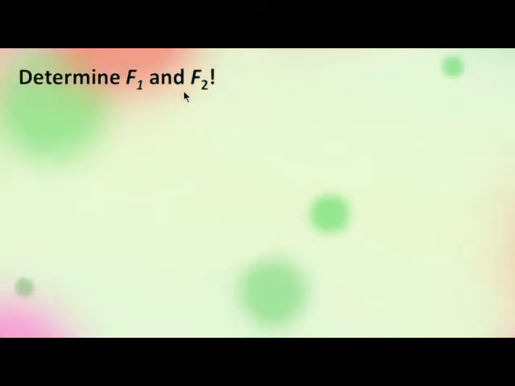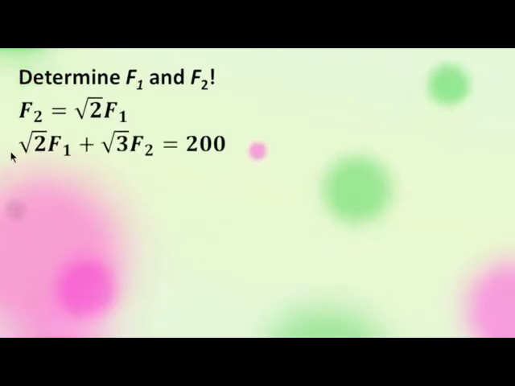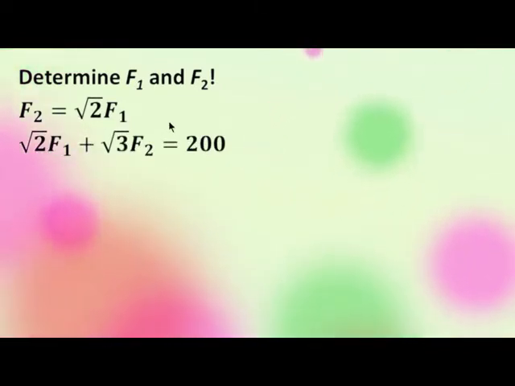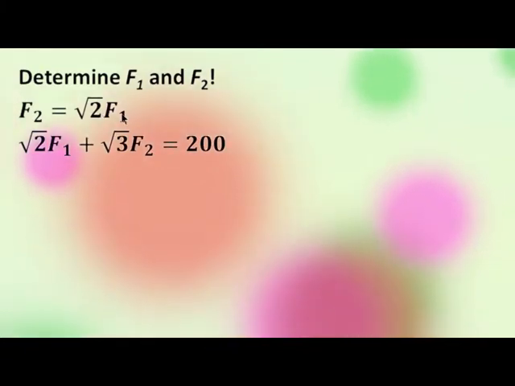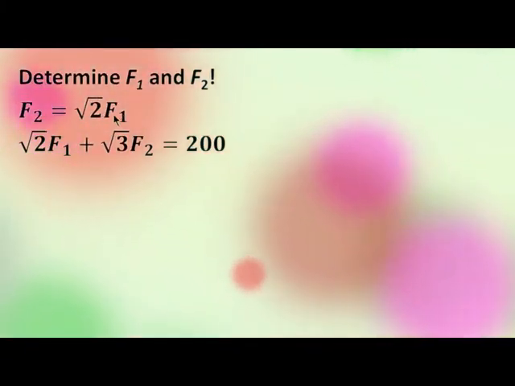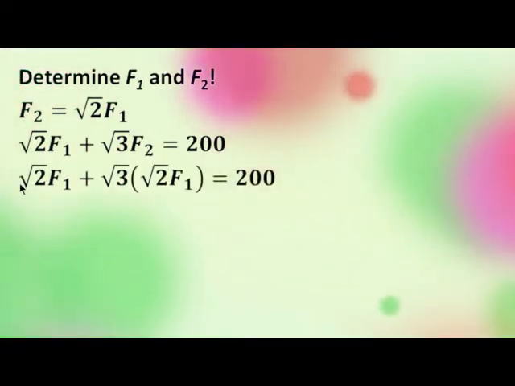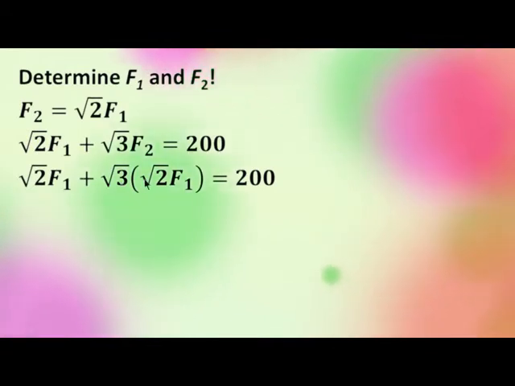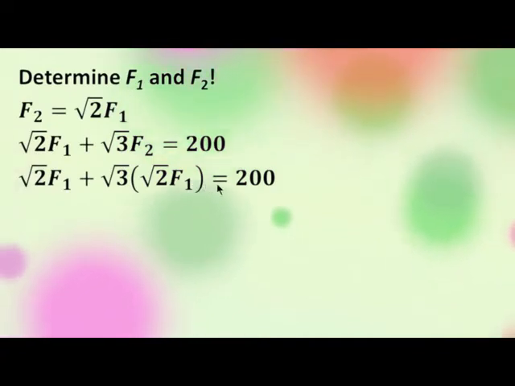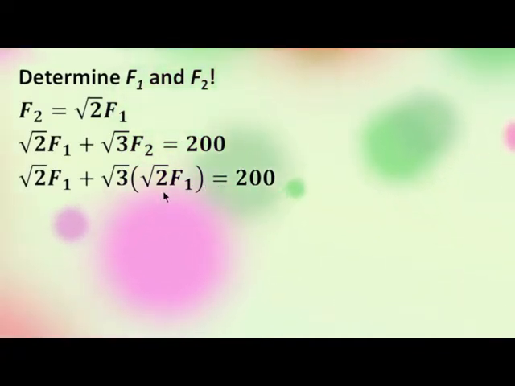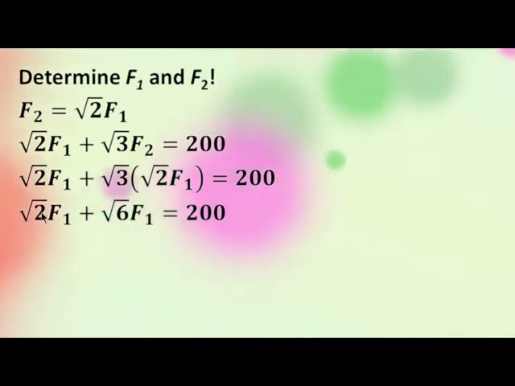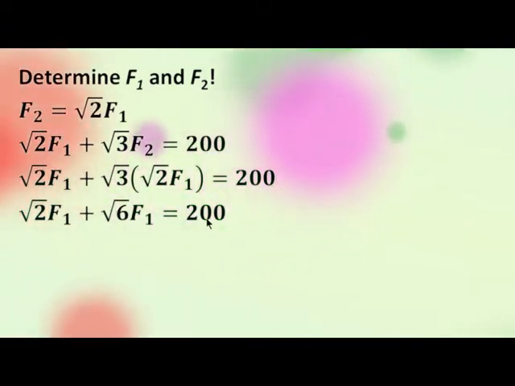Next, determine F1 and F2. To find the values of F1 and F2, we use the equations we found before. F2 equals square root of 2 F1. We substitute this value of F2 into the y-axis equation: square root of 2 F1 plus square root of 3 multiplied by square root of 2 F1 equals 200. With simple multiplication, square root of 2 F1 plus square root of 6 F1 equals 200.